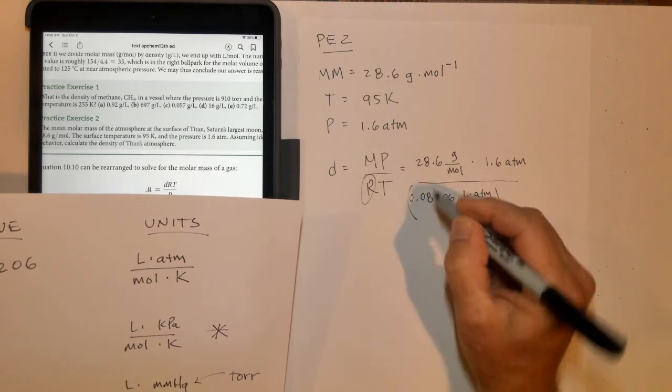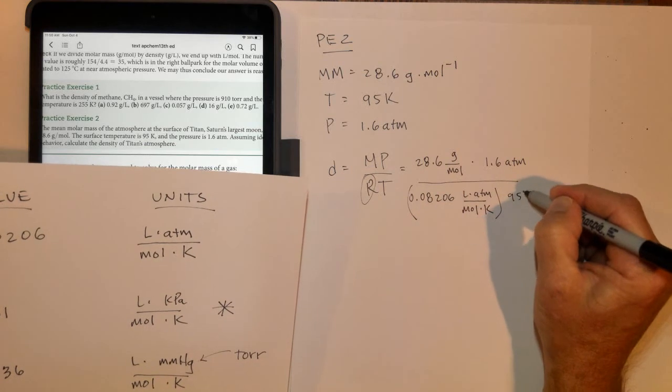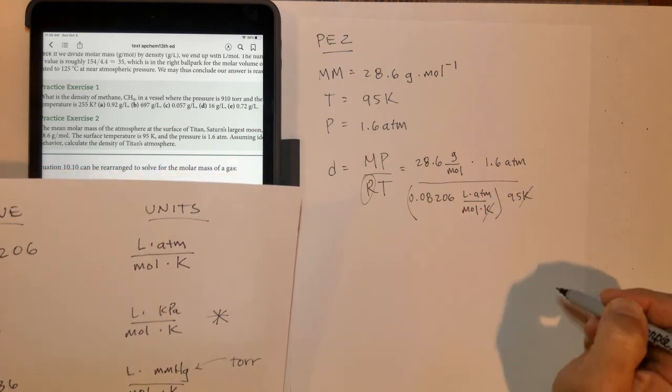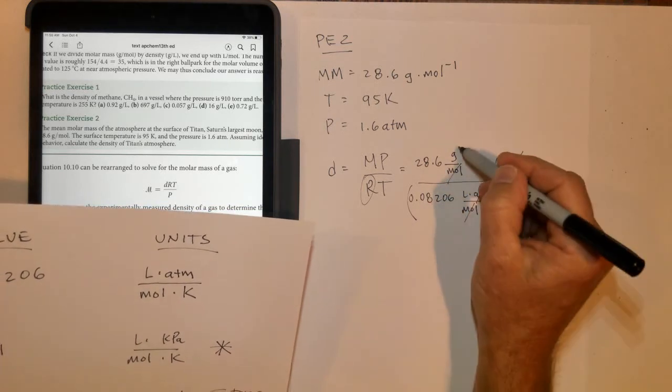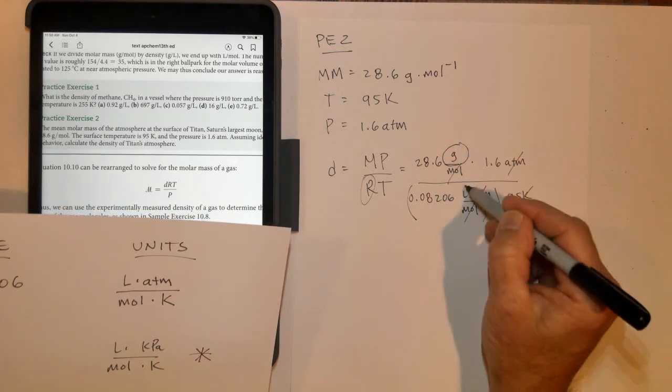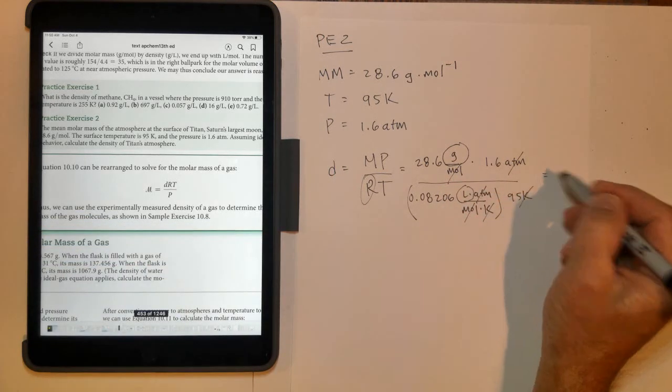My last piece is my temperature, which has to be in Kelvin, 95 Kelvin. It's already there. The Kelvins cancel with the Kelvins, the atmospheres with the atmospheres, the moles with the moles. I'm left with units of grams per liter, which are units of density because that's a mass per unit volume.